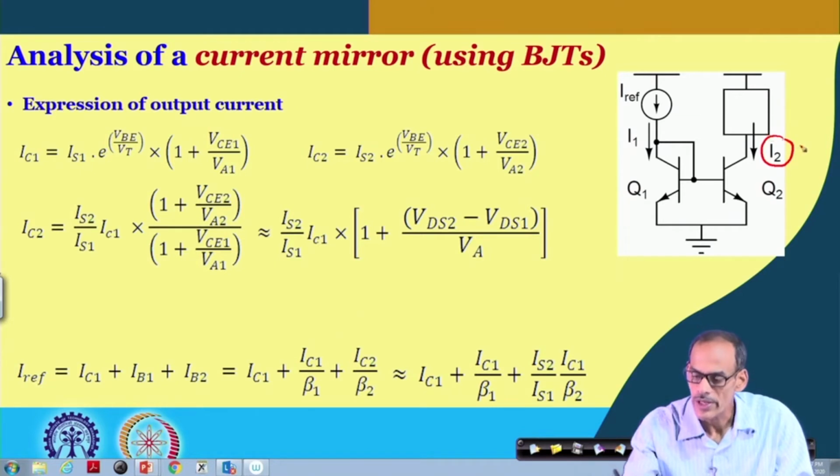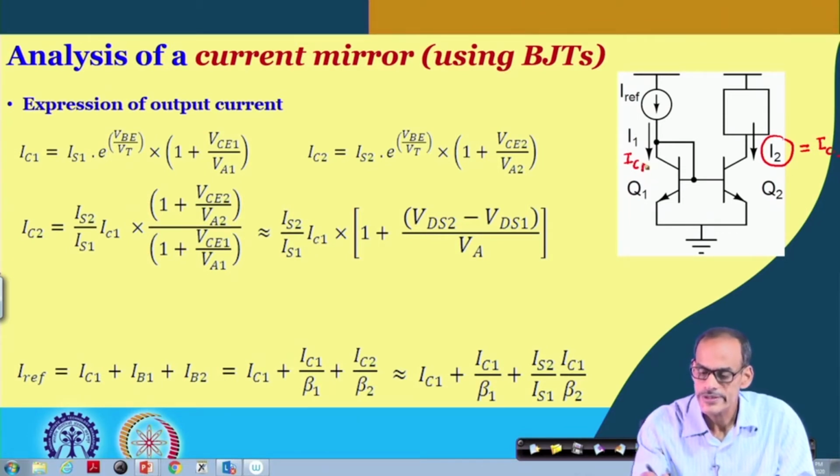In fact, I 2 is the collector current of transistor 2, IC 2, and also here we have collector current IC 1, and this IC 1 and I reference have a relationship, but we need to say that this IC 1 is not exactly equal to I ref, because some base current is flowing for transistor 2 as well as transistor 1. So, we have IB 1 and IB 2.